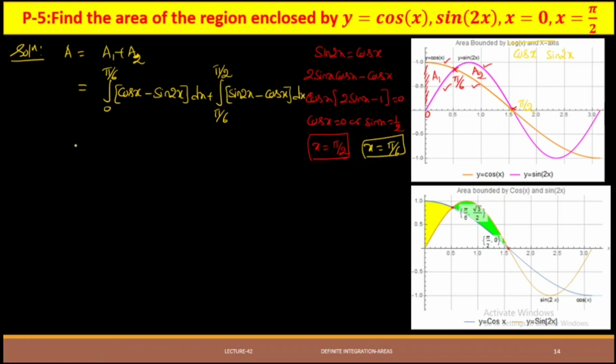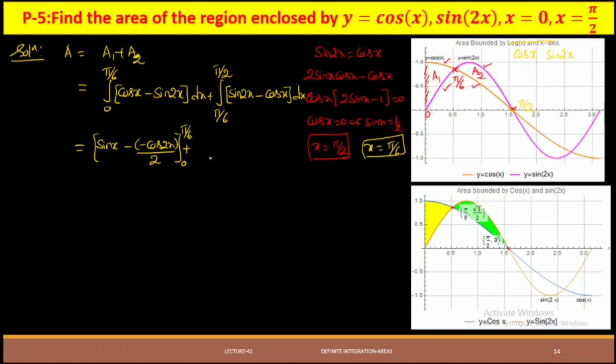Now let us compute this integral. The integral of cos x is sin x, minus the integral of sin 2x, which is minus cos 2x by 2, from 0 to pi by 6.